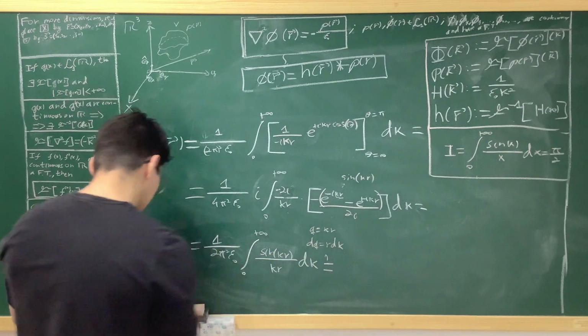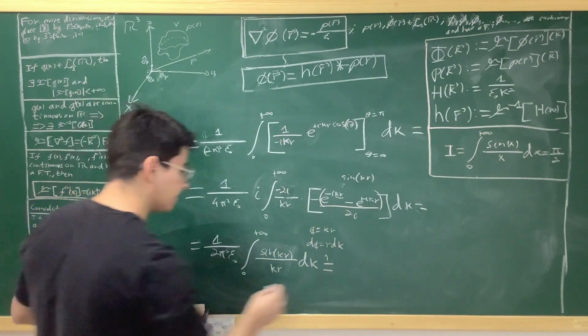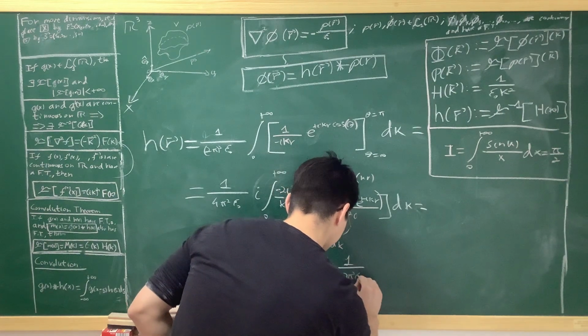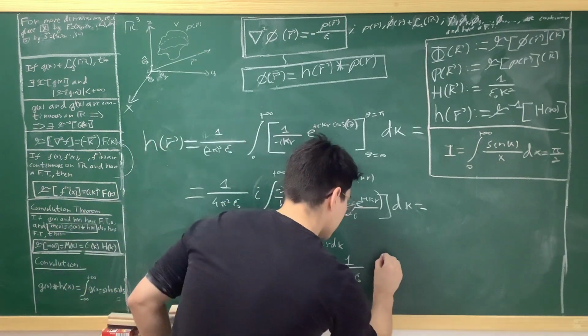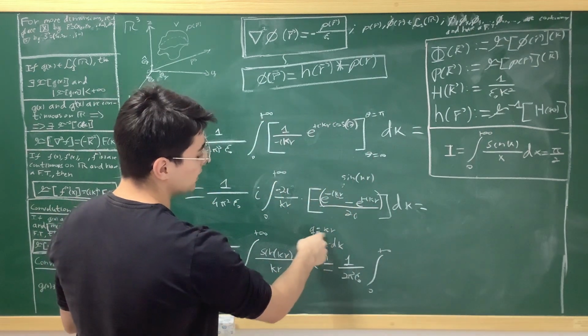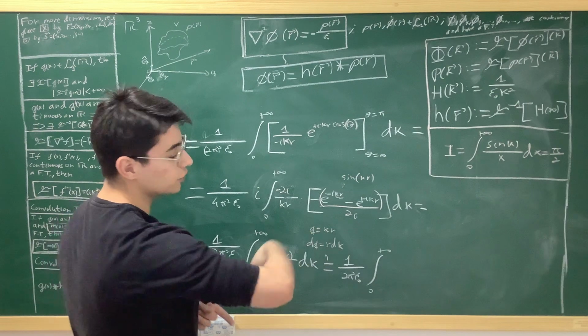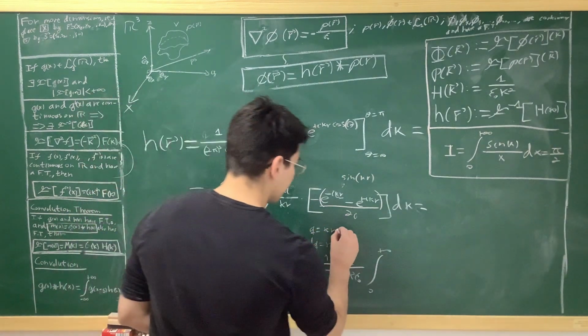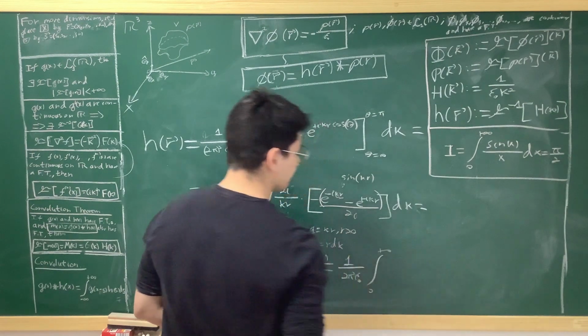This is just, let me just write this. This is the integral from 0 to positive infinity. Again, if k is 0, q is 0, and if k goes to positive infinity, q goes to positive infinity because r is positive.